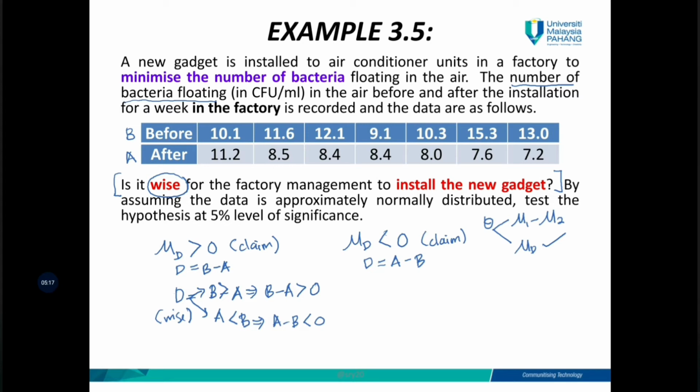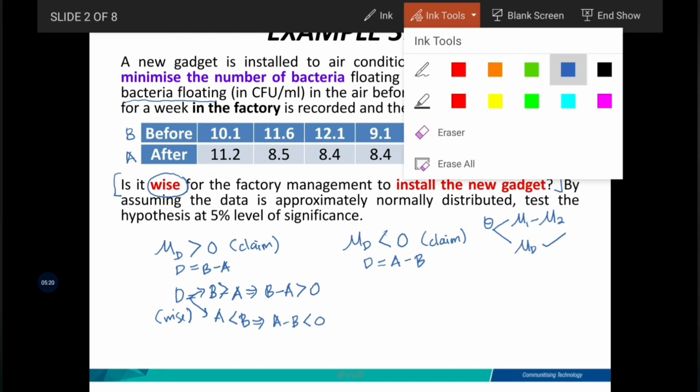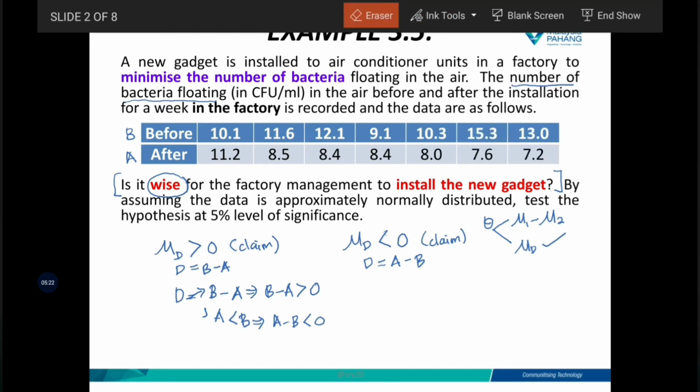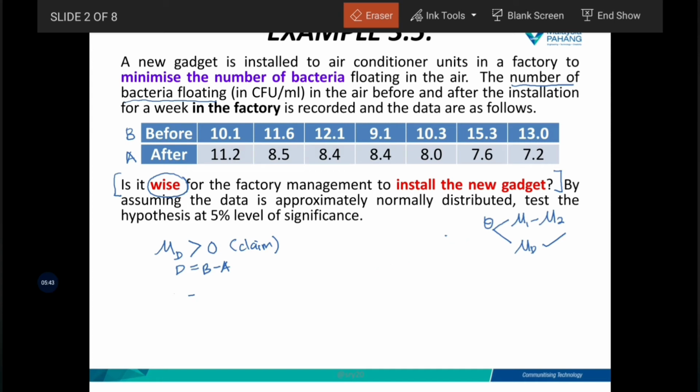So now, let's say we choose the first version. Don't worry, both versions of the claim will lead to the same result and the same conclusion.